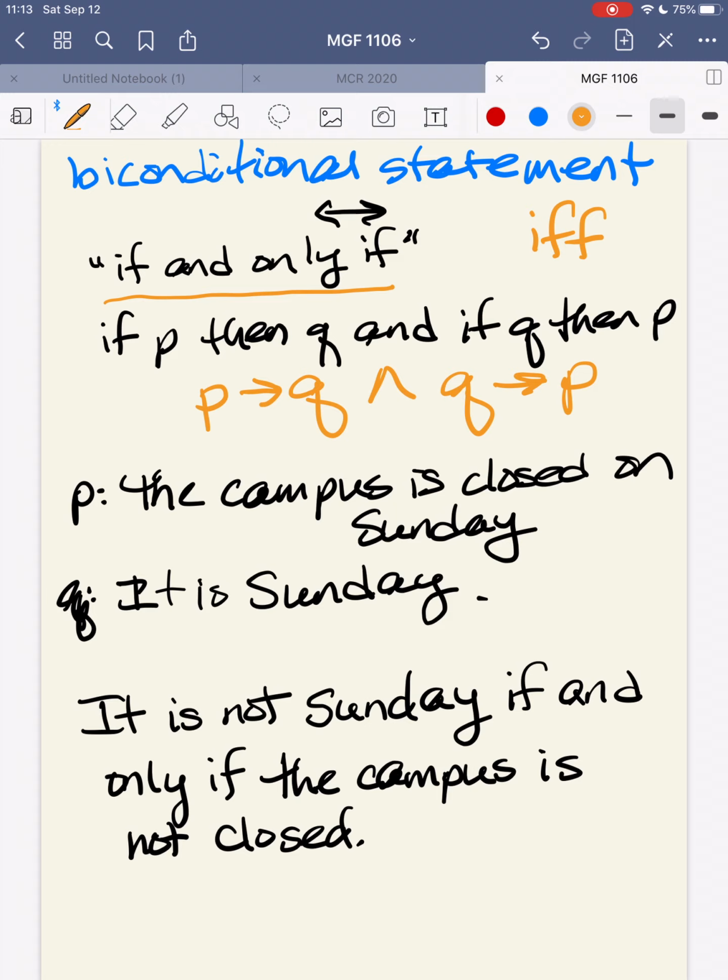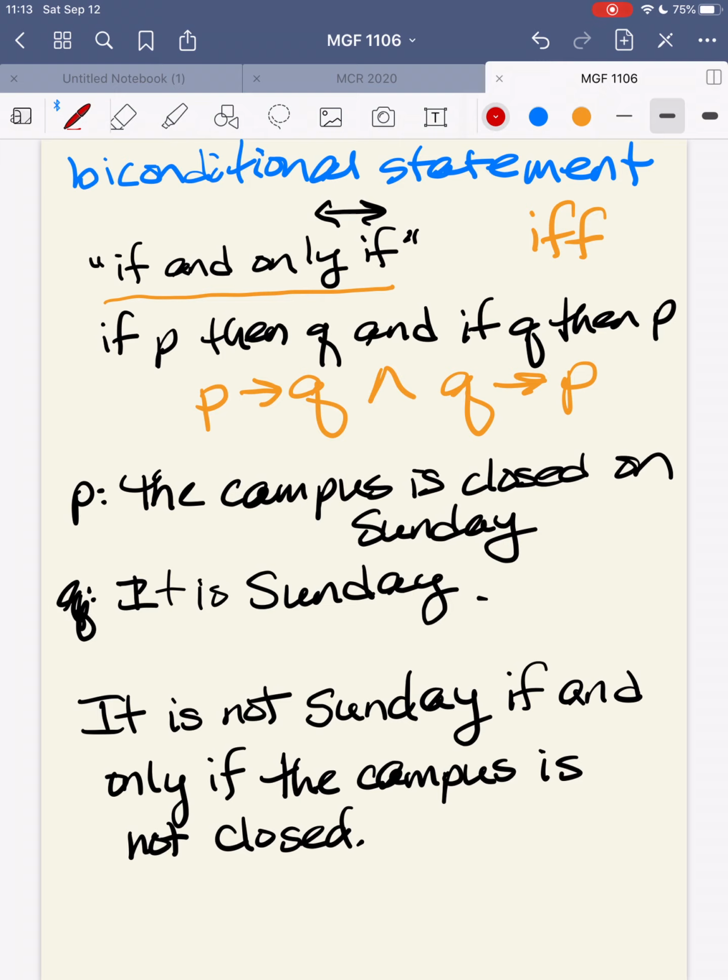So biconditional means it's true no matter which direction you follow the arrow, which is why it's a double arrow. All right. Let's go ahead and look at a biconditional statement. P, the campus is closed on Sunday. Q, it is Sunday. All right.